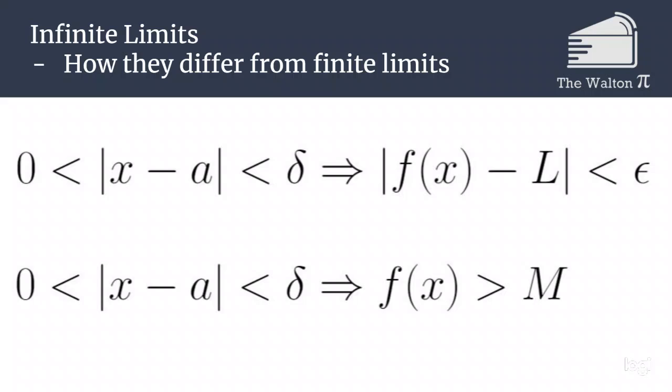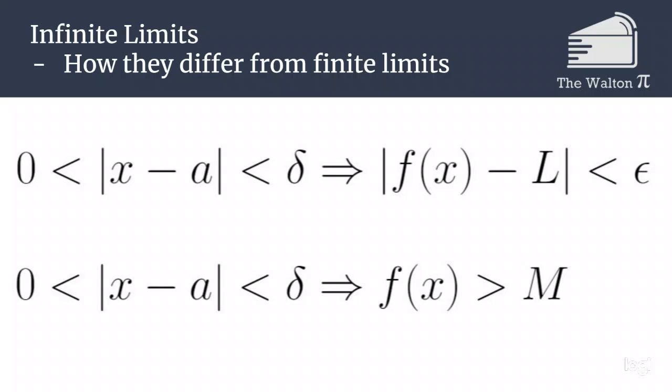So this is a way that we can visualize how they differ. Both of them have the condition that x gets close to a, so we are in some delta neighborhood of a, meaning 0 is less than the absolute value of x minus a is less than delta. We are some distance delta or closer from a.